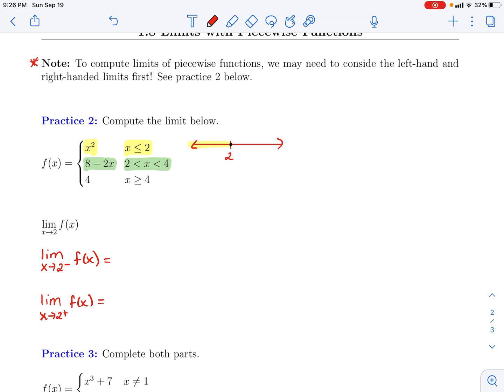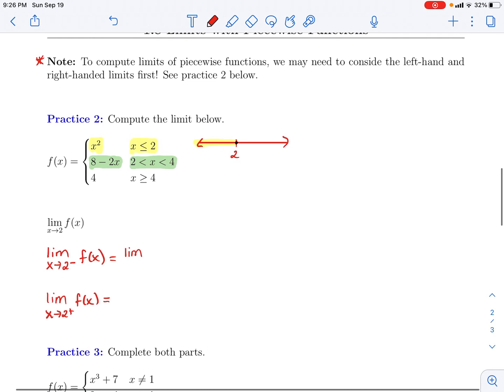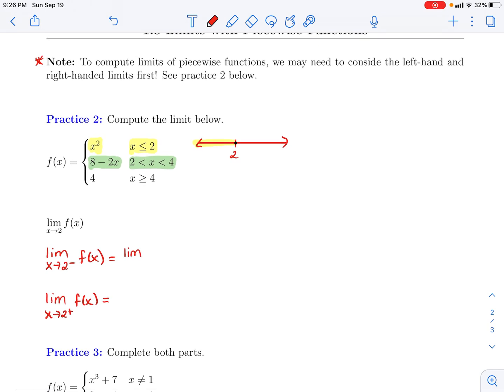So when I'm trying to consider the left-handed limit, the limit as x approaches 2 from the left of f of x, my function that I'm going to use is x squared, because here this would be x approaching 2 from the left, in yellow.